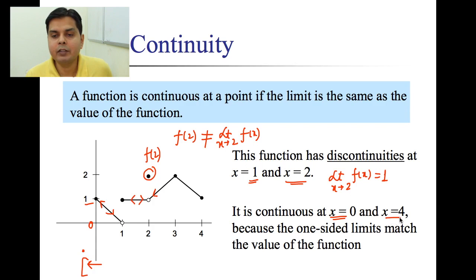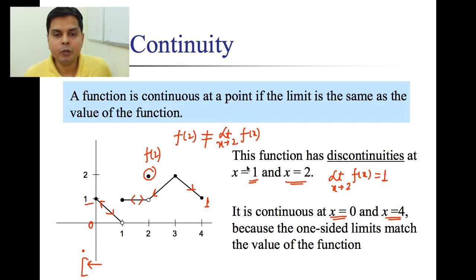Similarly, at x equal to 4 the left hand limit is equal to 1 and the value of the function is also equal to 1, so it is continuous at x equal to 4 also, because the one-sided limits match the value of the function. So this function has discontinuities at x equal to 1 and x equal to 2, and it is continuous at x equal to 0 and x equal to 4.